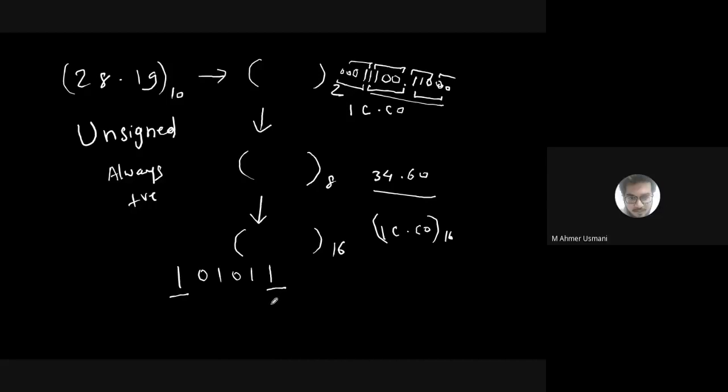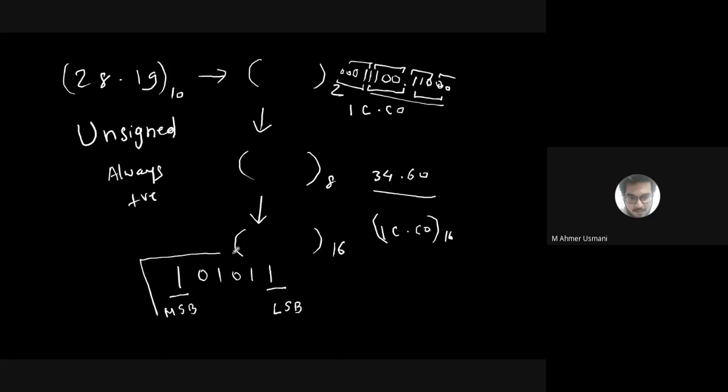The right hand side, the last bit, is called the LSB, the least significant bit. And the one at the left hand side, the first one, is called the MSB. Always remember that. Please write it down in your book as one of the important things.